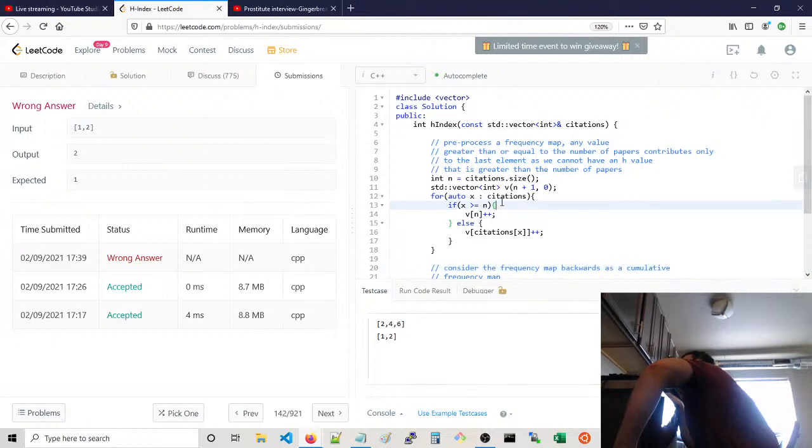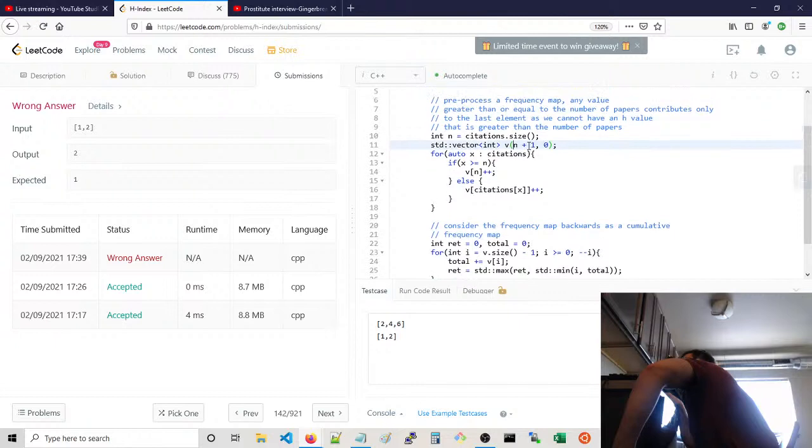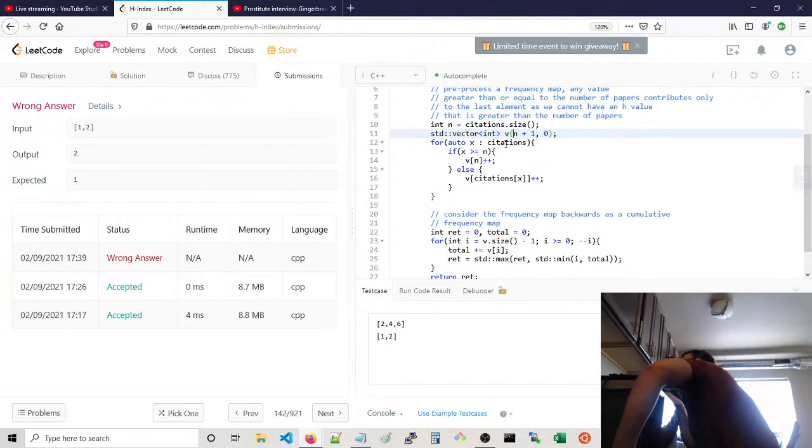So 2, 4, 6. We would say 0, 1, 2. So 3. We would have an array of size 3. 0, 1, 2, 3. And we're going to say the size is 3, the array is of size really 4: 0, 1, 2, 3, 4.